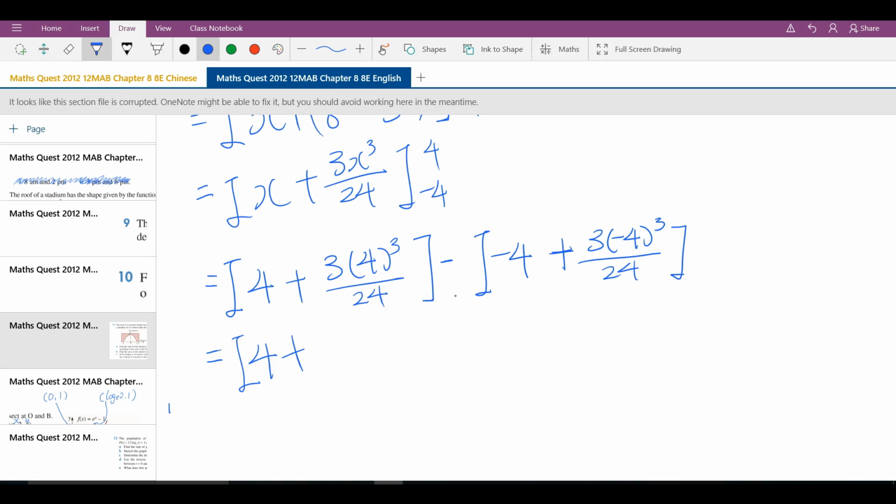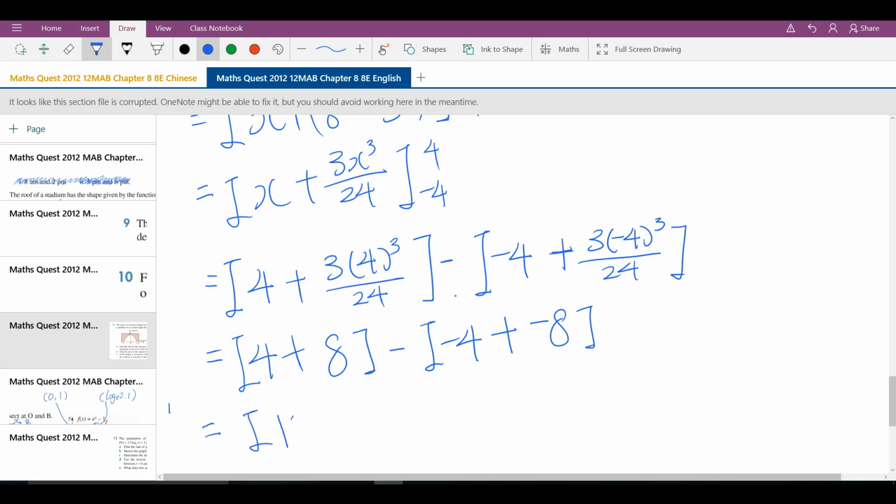Let's use the calculator. 4 cubed times 3 divided by 24 gives us 8. Minus -4 plus, now this would literally give you the same thing, 8. But -4 cubed is not a positive number. It remains a negative number. So instead of positive, it's actually -8 here.